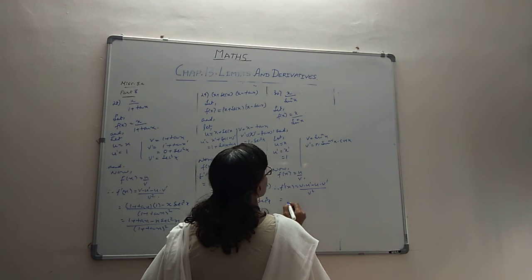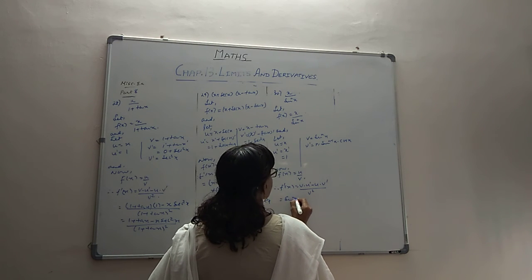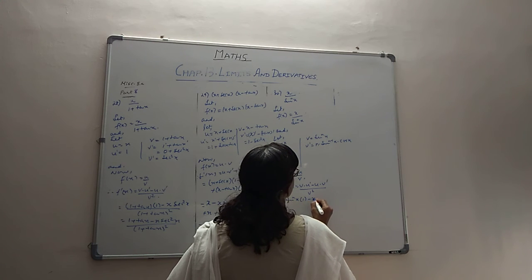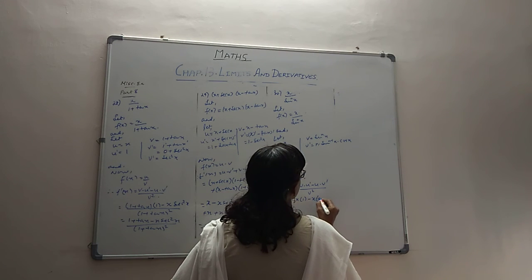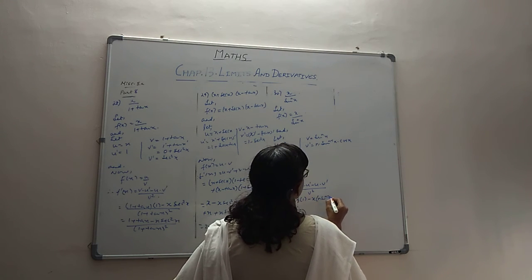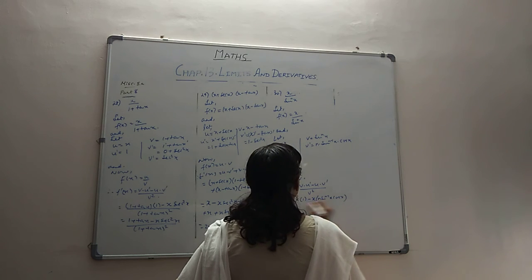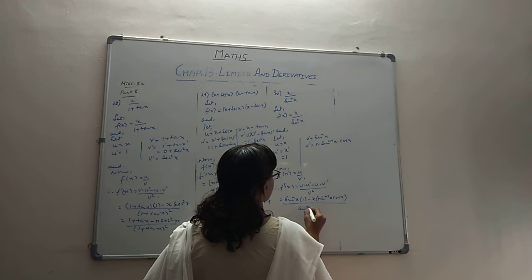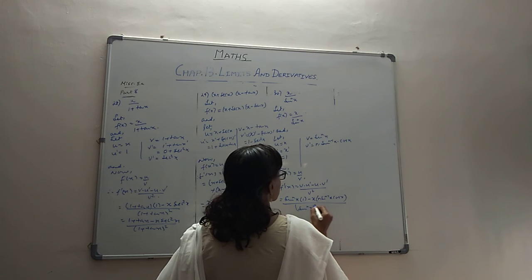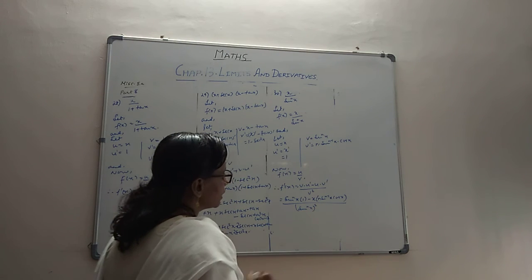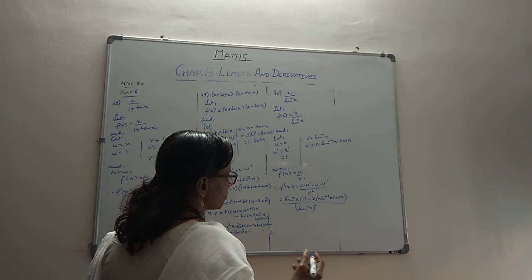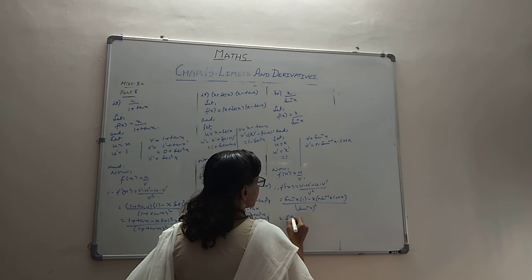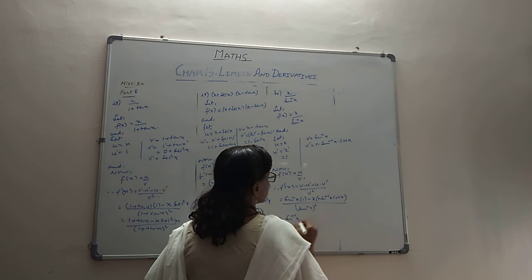v for us is sine raised to n x, u dash for us is 1, u for us is x, and v dash for us is n sine raised to n minus 1 x cos x, by sine raised to n x the whole square, or you can say sine raised to 2n x. And then if you want, you can take sine raised to n minus 1 x common.